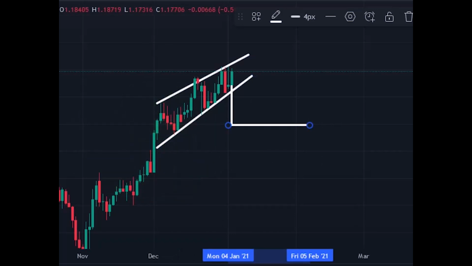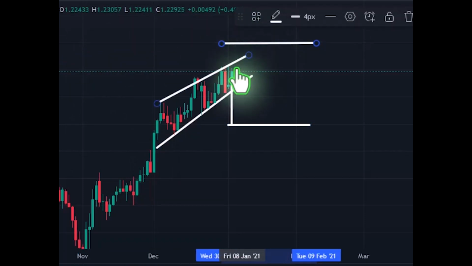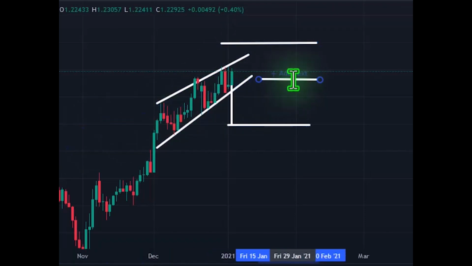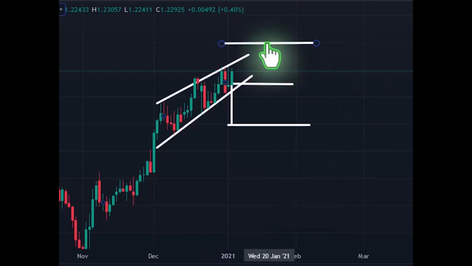Then our stop loss is supposed to be somewhere here above this resistance level, and our entry, wherever the breakout occurs, should be that way. So this becomes our stop loss, our entry, and our target.